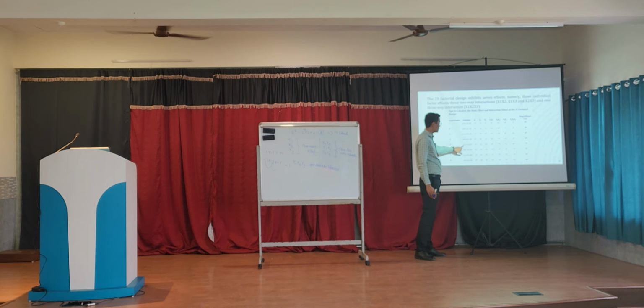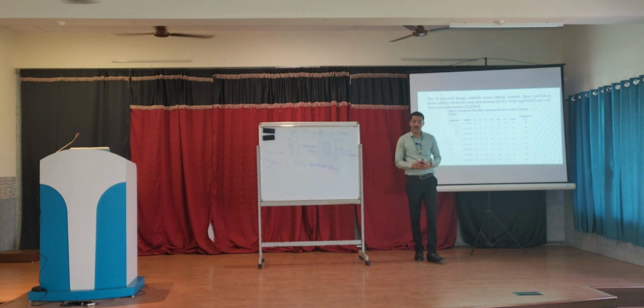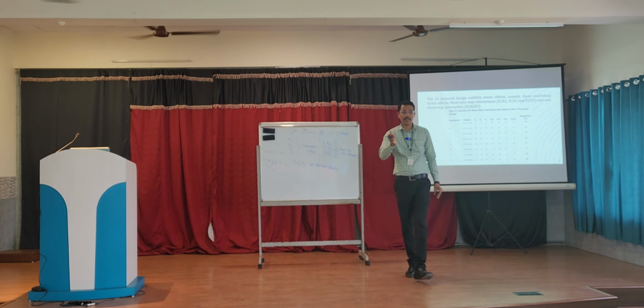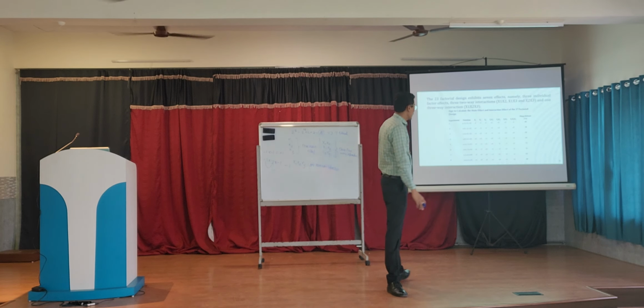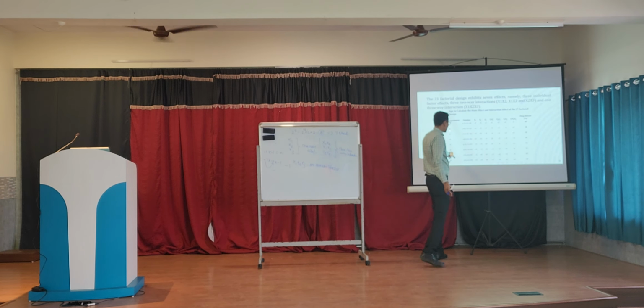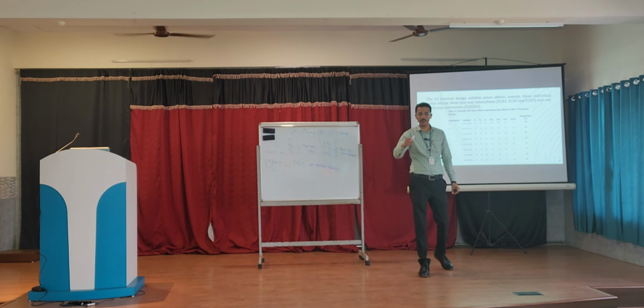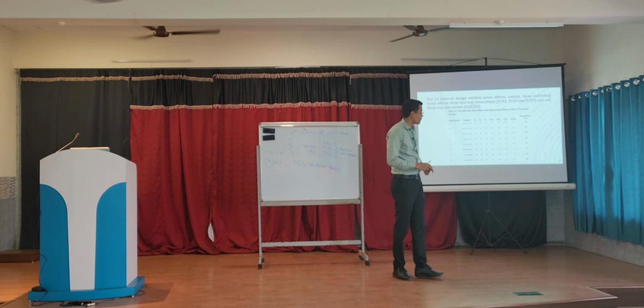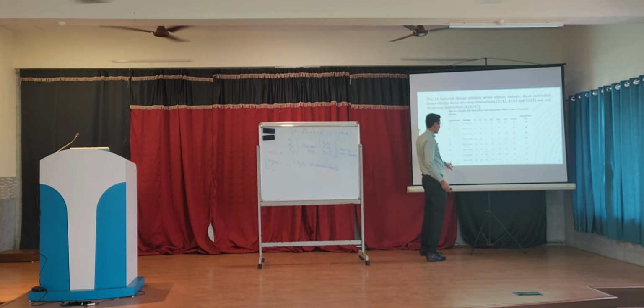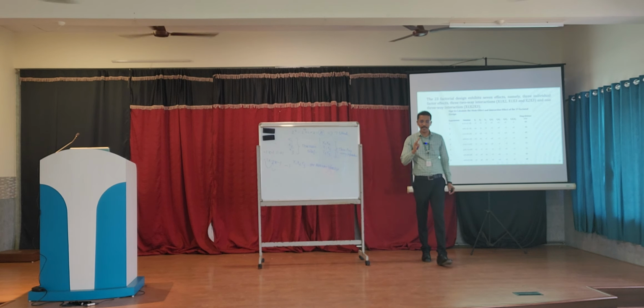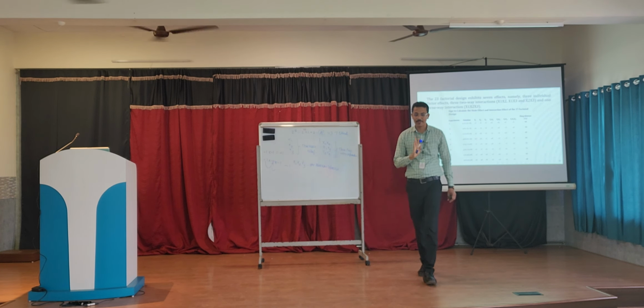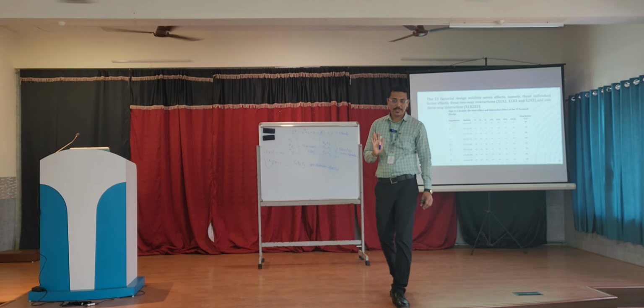Again minus 1 minus 1 plus 1, the initial 2 are at the low level and the third one at the high level. Okay, seventh one minus 1 plus 1 plus 1 means the first one is at the low level, the second one and the third one at the high level. Then 8th, plus 1 plus 1 plus 1 means all the 3 variables at the high level. You are getting the point?